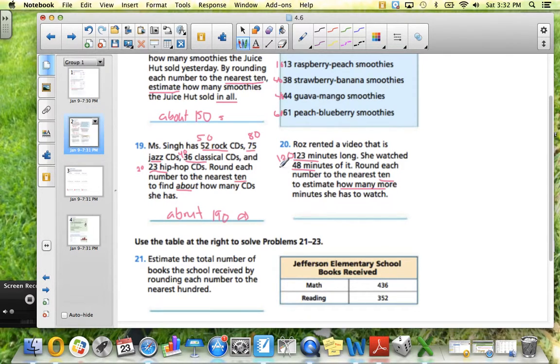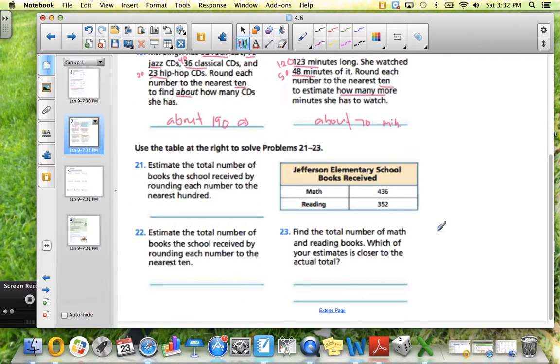And then 48 will round up to 50. And if we subtract 50 from 120, we get about 70 minutes.